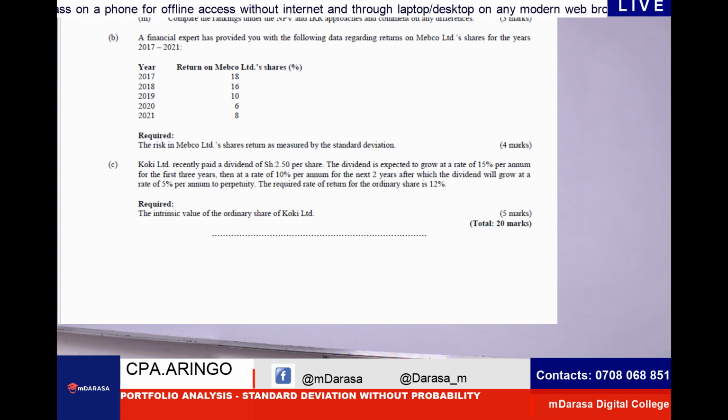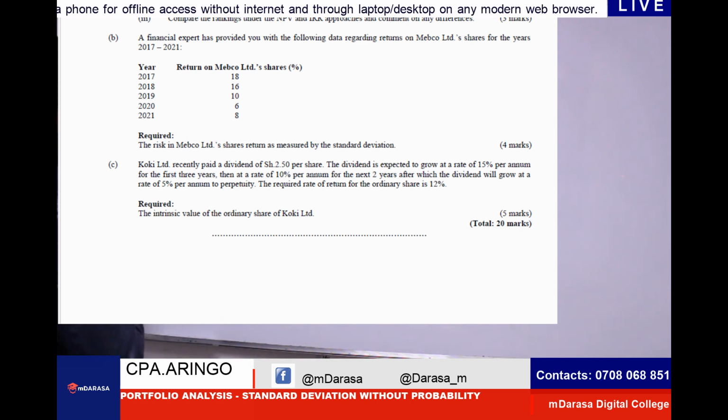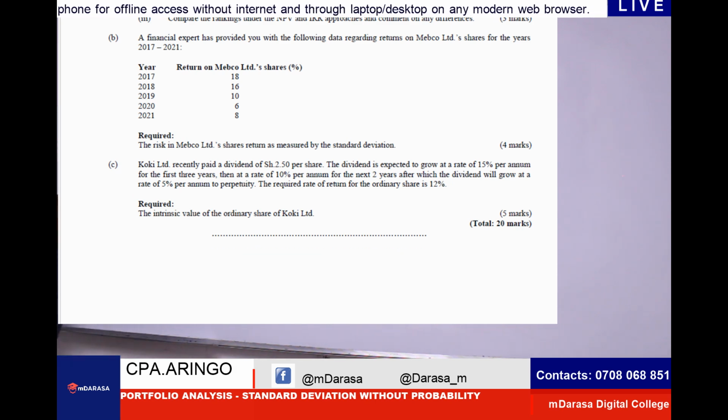Those are the periods given by our examiner here. So we're having 2017, 2018, 2019, 2020, and 2021.